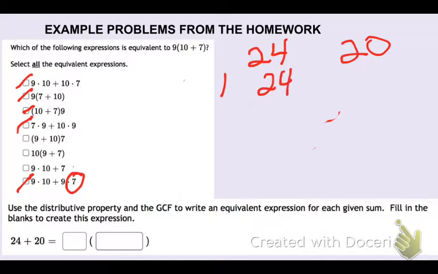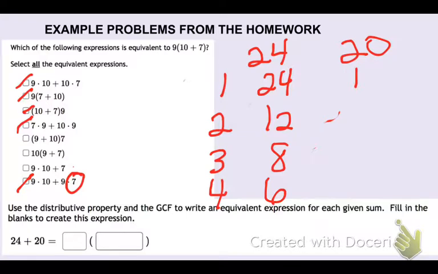I have 2 multiplied by 12, and 3 multiplied by 8, and 4 multiplied by 6. All right, let's move on to 20. 1 multiplied by 20, 2 multiplied by 10, and 4 multiplied by 5. So the greatest common factor that they both share is 4.